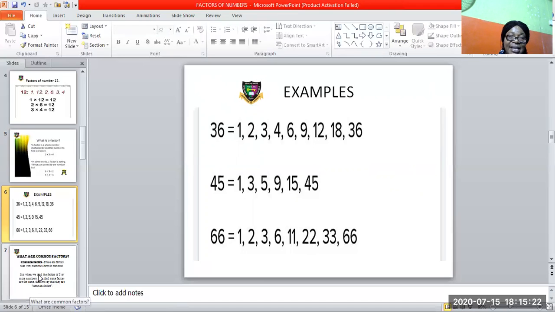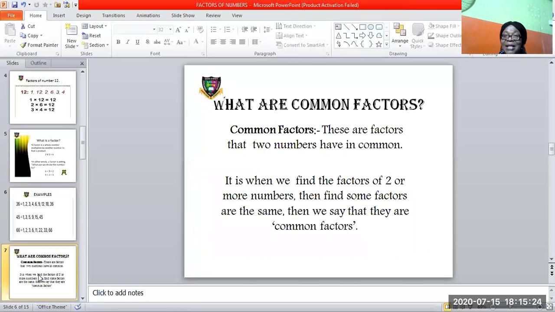Now, like we have said, common factors are different from factors. Factors of a number are the numbers that multiply a given number without remainder.